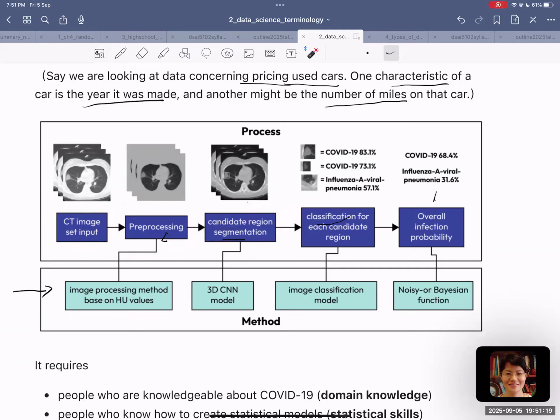So this is one image task. What does region segmentation mean? When you scan, for example, one's lung, you may scan all the organs. Some you have to take out, and then for the remaining, you have to do some segmentation. And then you can decide which parts would be important.